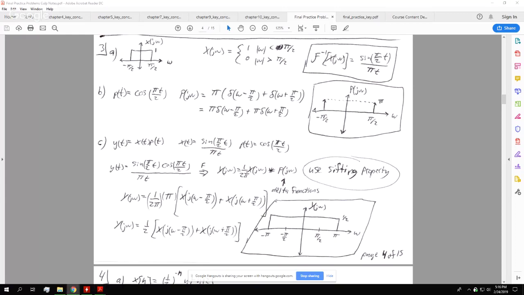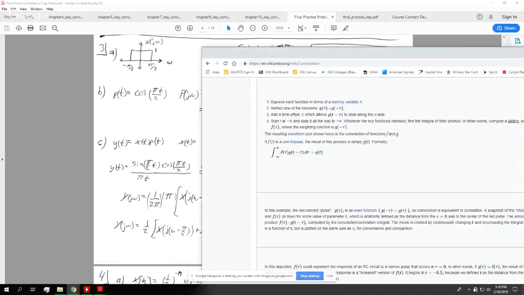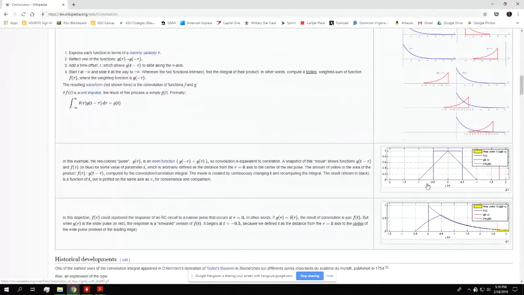Maybe I should pull up those. Well, no, that's okay. Based on what you were saying with the leading edge crossing the threshold of, let's say, negative pi over 2, it's now starting to adopt the area of what the convolution is, correct? So it's just like this animation here.